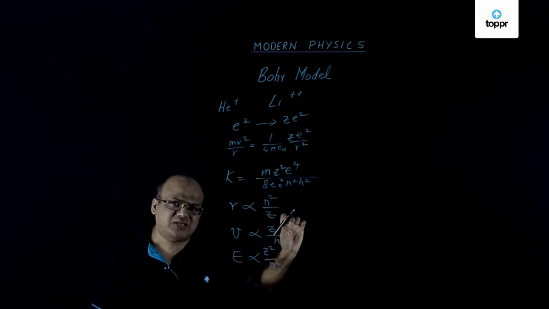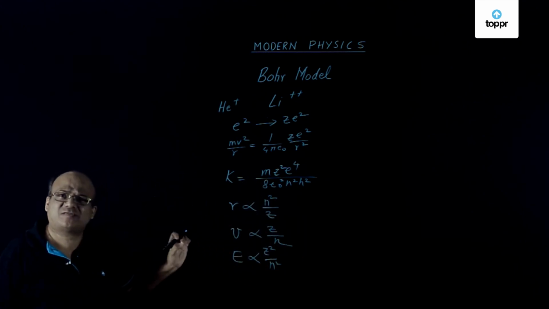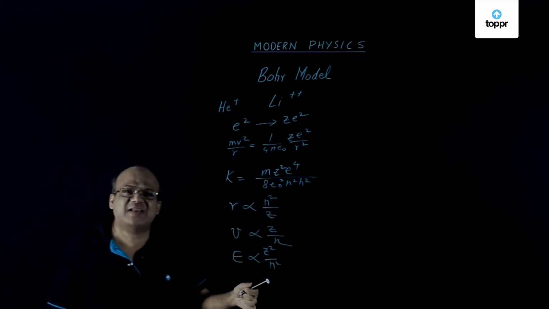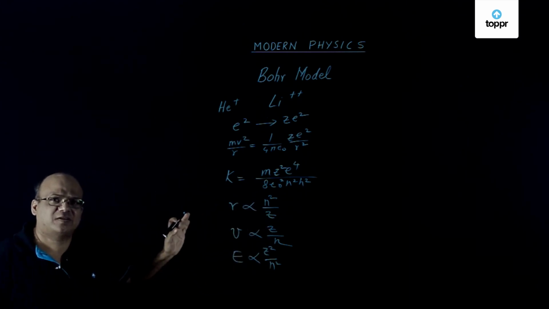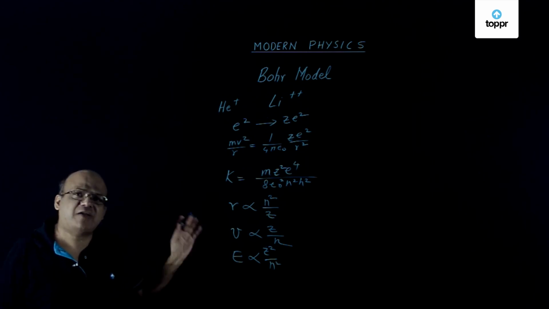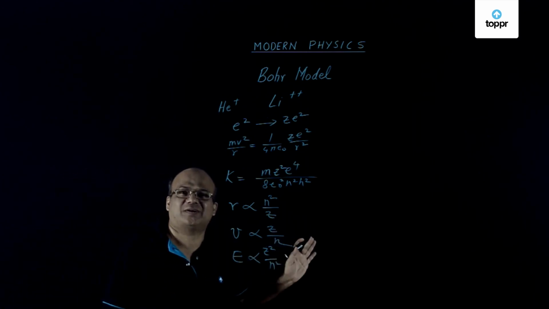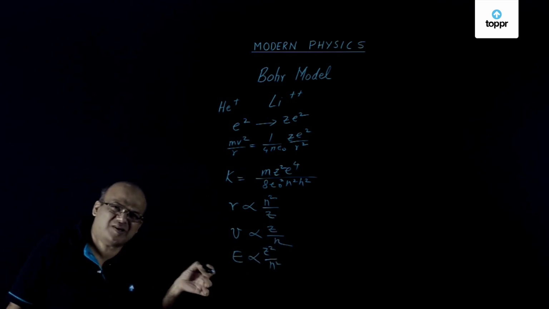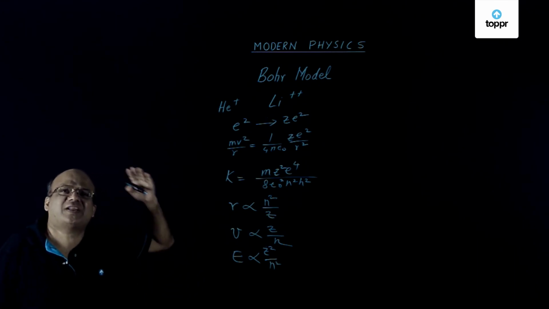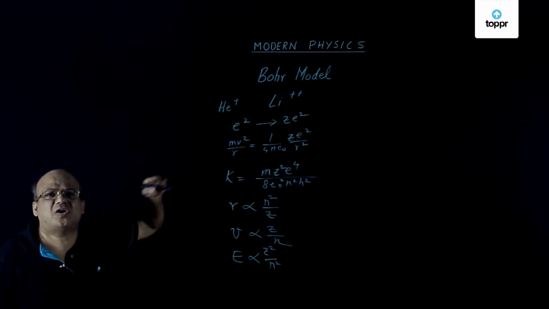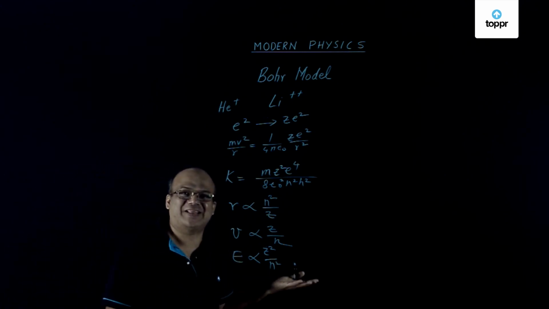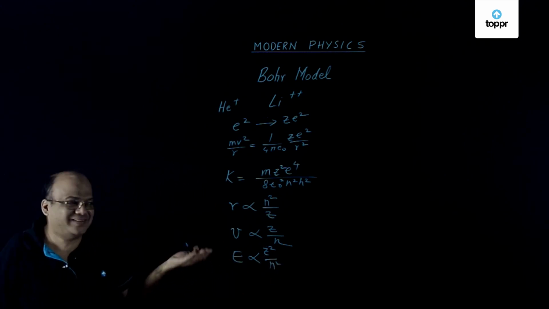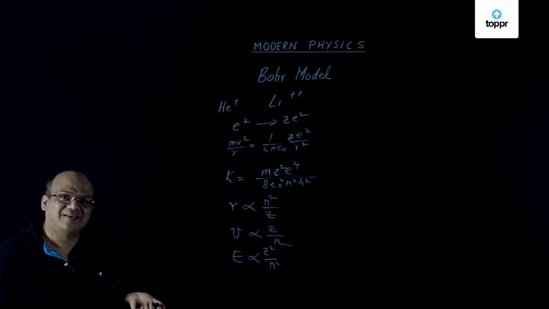Now for energy, both Z and n are squared. For radius, only n is squared, Z is not squared. And for velocity, nothing is squared. If you remember things using some tricks, you can remember them for a long time. Otherwise, you learn today, two days later you'll forget. Then you refer to your notes or ask your friend and then recall these things again.